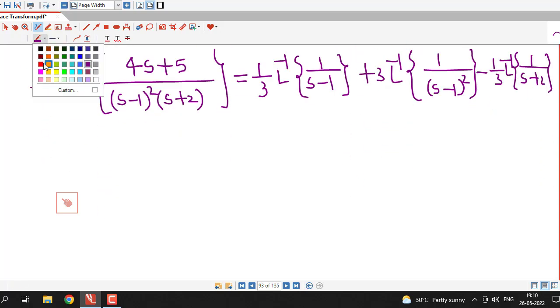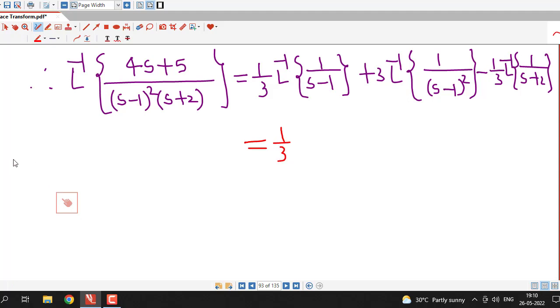And we have ready-made formulas for all this. This is equal to 1 by 3. We are using this formula: L inverse of 1 divided by s minus a is e raised to at. So here a equal to 1, so this is e raised to t.